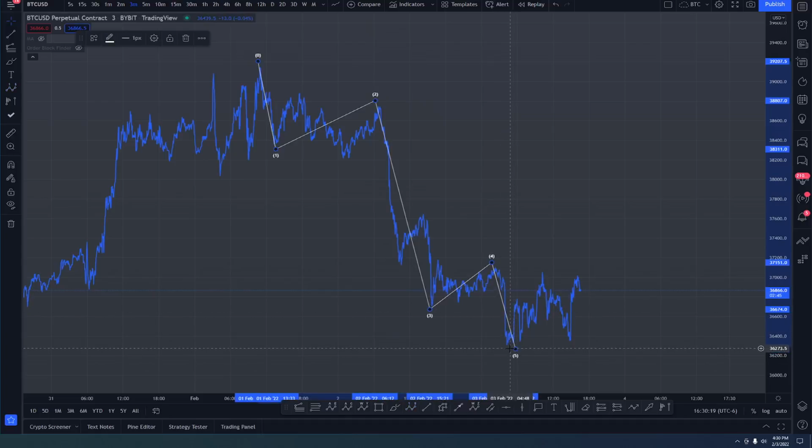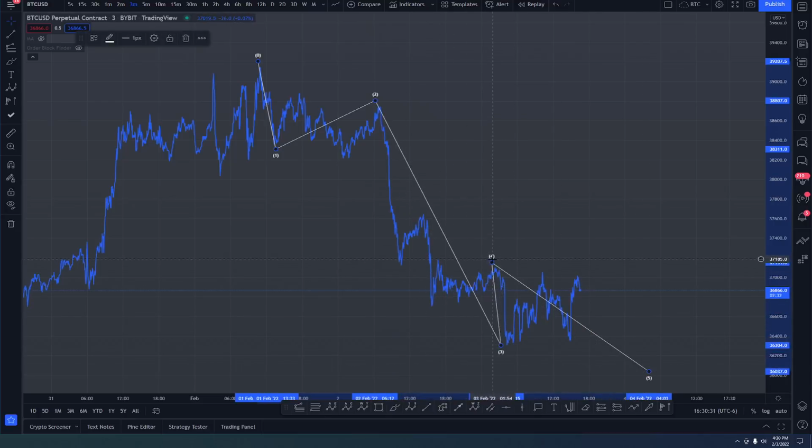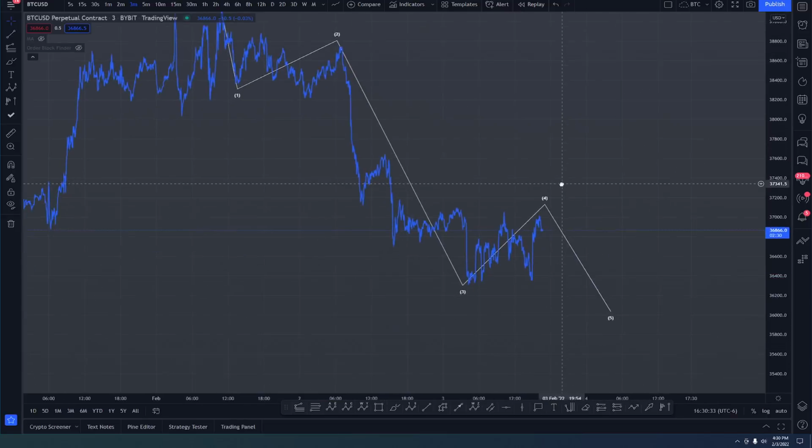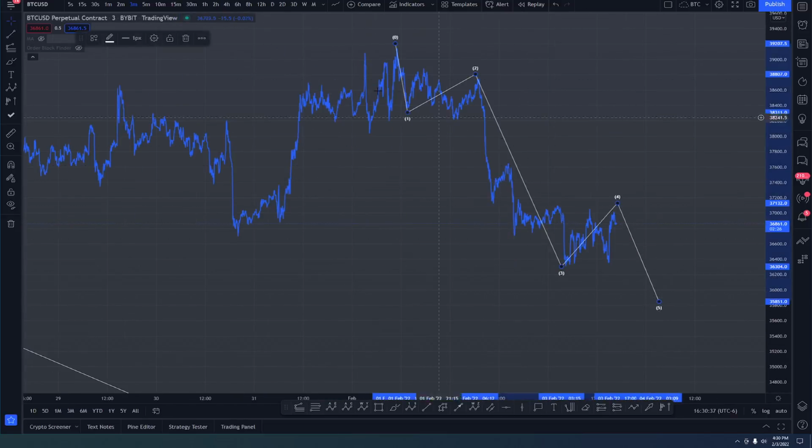I thought it was, but what we have working here looks very much like a flat, and a flat is a corrective wave. So I'm wondering if we need to bring 3 down here and count this flat that's being created right now as wave 4, okay? And then we're looking for 1 more low for the 5th wave of this wave.